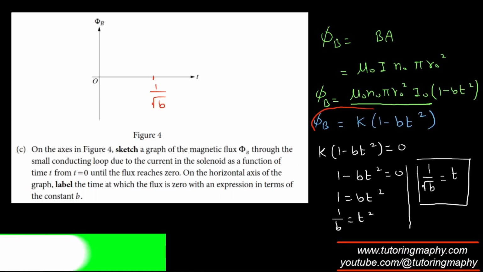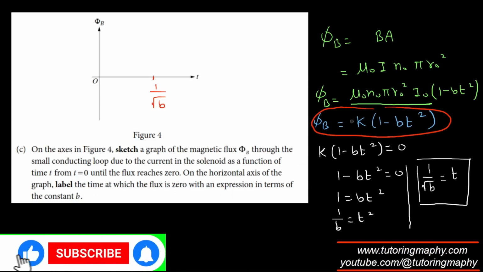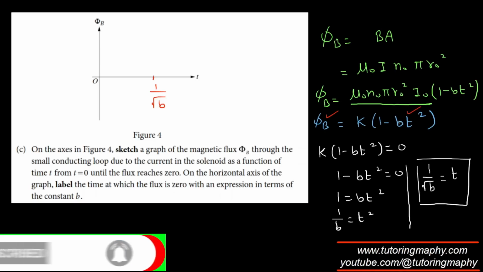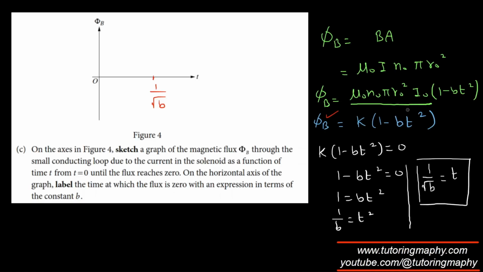And how will the shape look? Don't you think this is a parabola? I mean, this is y and this is x after all. So this is a parabola, and clearly this is opening towards the minus y-axis, because there's a negative sign right here. What is the vertex, by the way, of this? If k is taken inside, the flux will look like negative k b t square plus k.